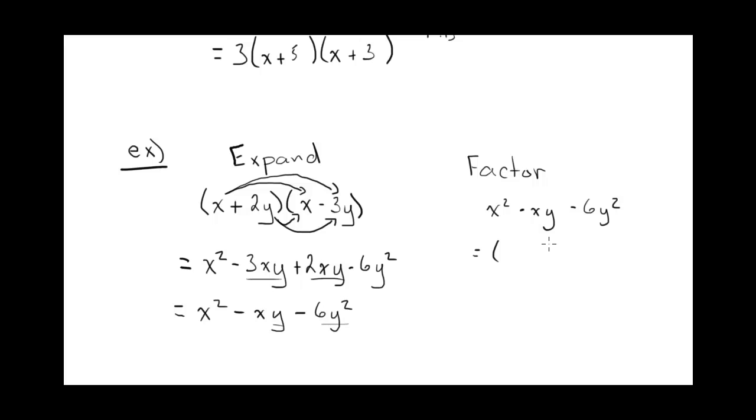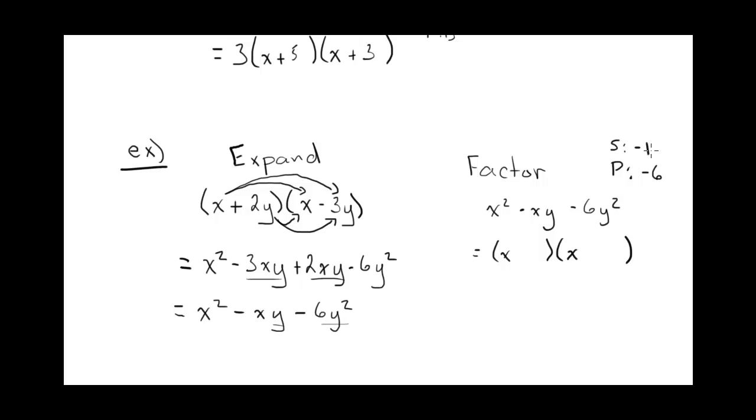It's going to be two binomials. The first term will have to be x, because x times x is x squared, and then the sum would have to be the middle number. So in this case the sum would be negative 1, so it's just negative and there's no number there. You could think of it as a 1, and the product would be negative 6.